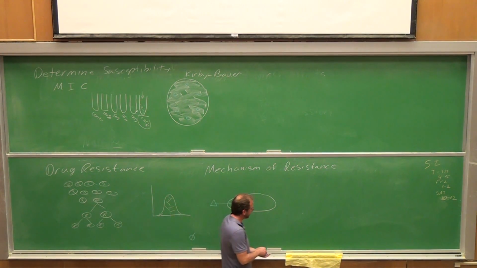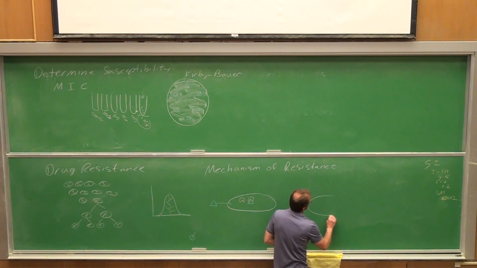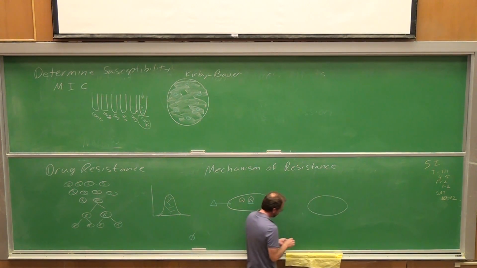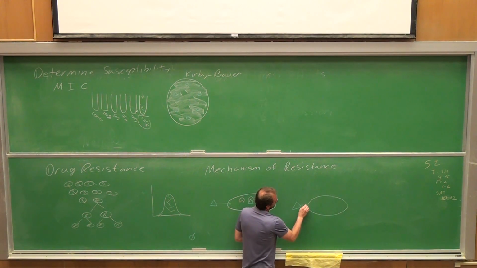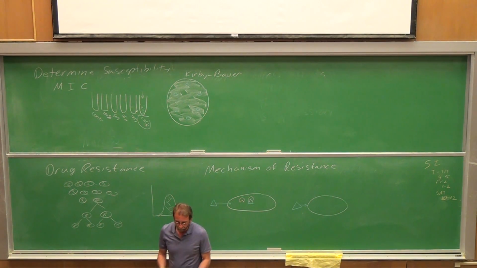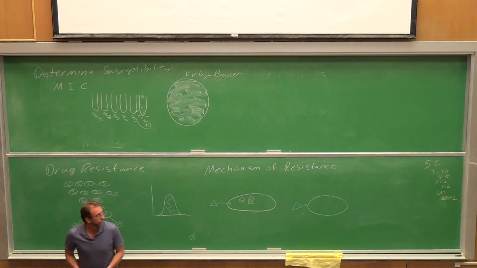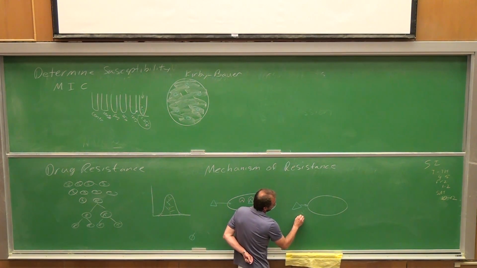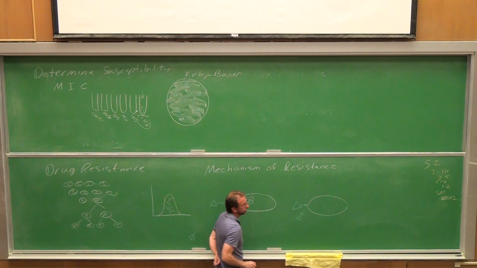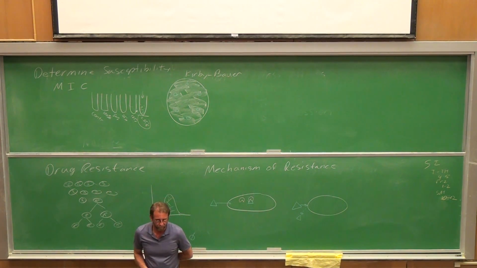But when we look at a resistant cell, here's what we see. In some cases, the chemical doesn't get taken up. The bacterium is able to reflect it, and so there is no uptake occurring.